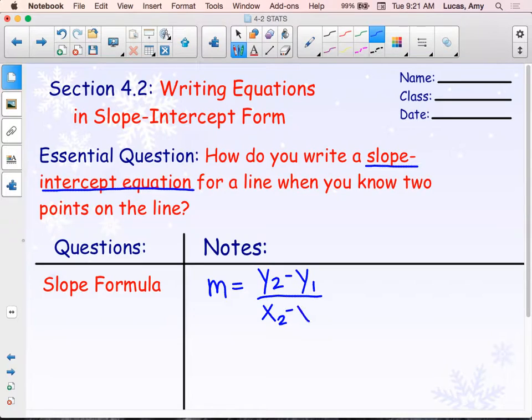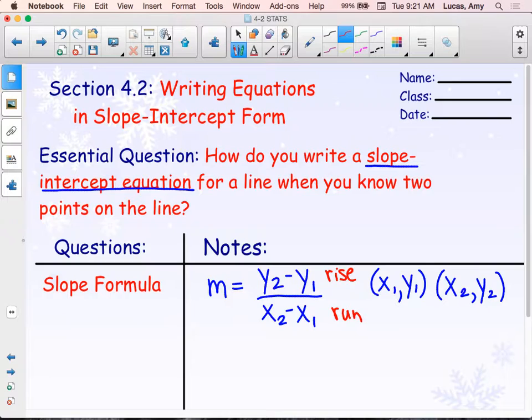M represents the slope. The slope of any line when you're given 2 points is represented by this formula, M equals y2 minus y1 divided by x2 minus x1. Remember that slope is thought of as the rise over run.